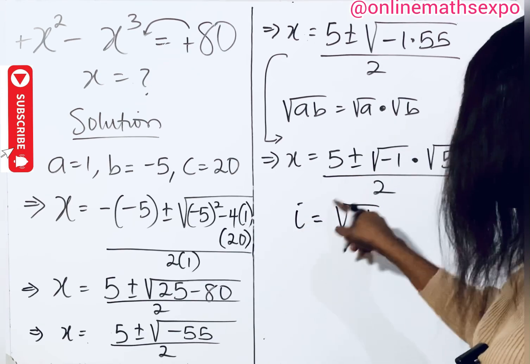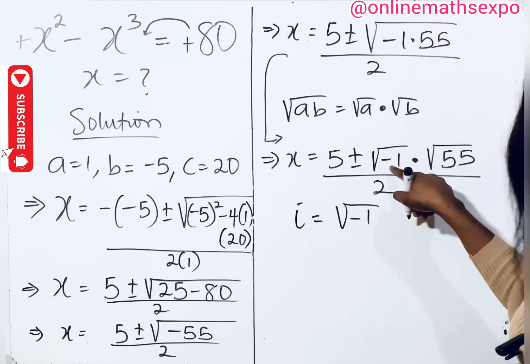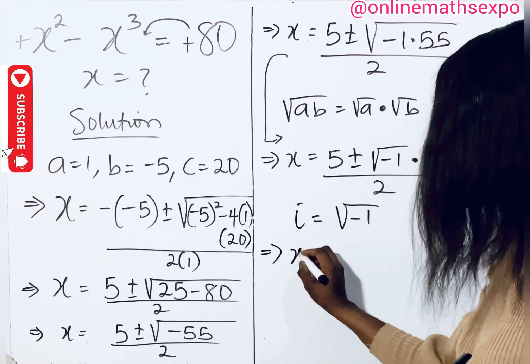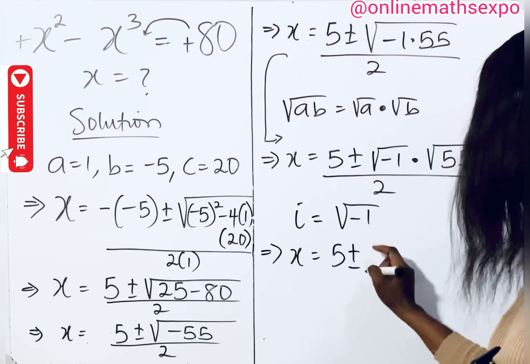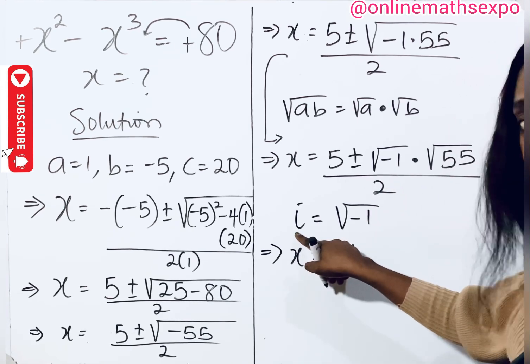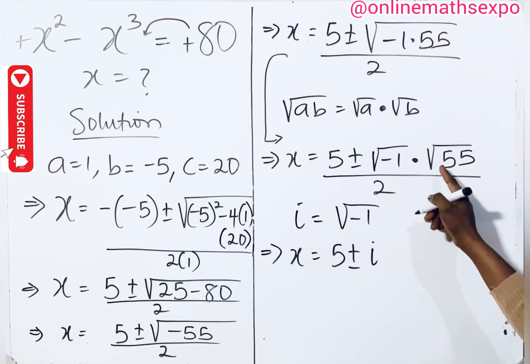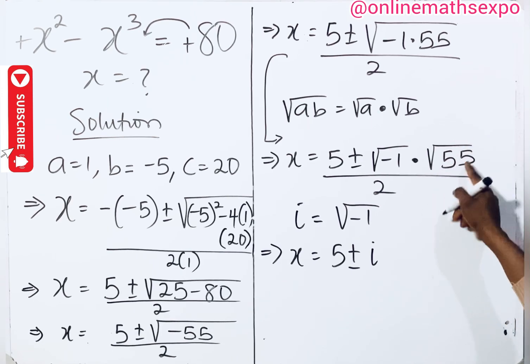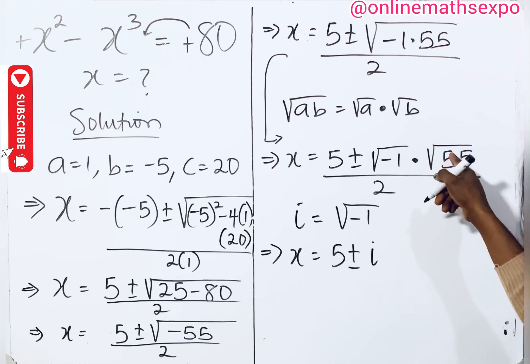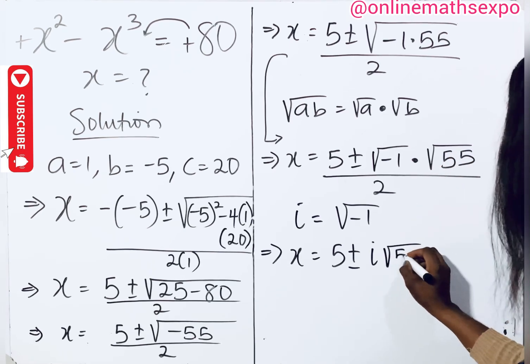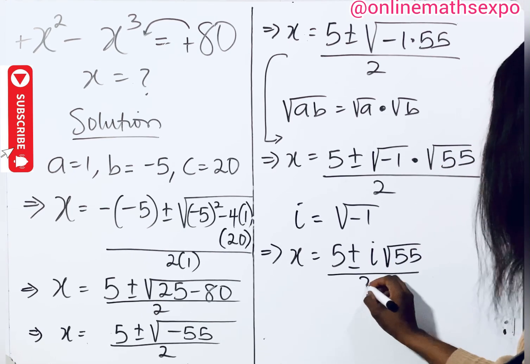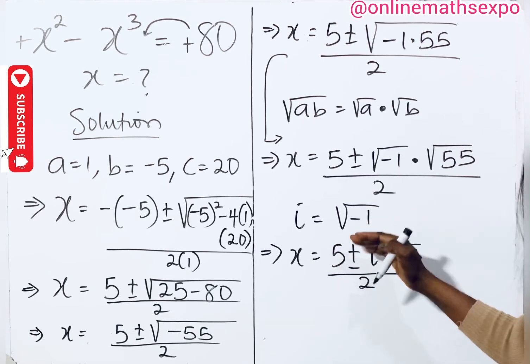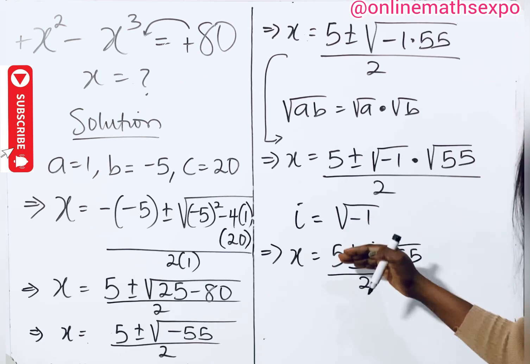So this is what we usually use to represent our square root of -1. So from here, x is equal to 5 plus or minus, this will now be replaced with this. So we have i, then this is a prime surd, meaning that it cannot be reduced again. So we're leaving it this way, then divided by 2. So you observe that this solution we have has been reduced to the lowest form. Nothing can be done to it again.